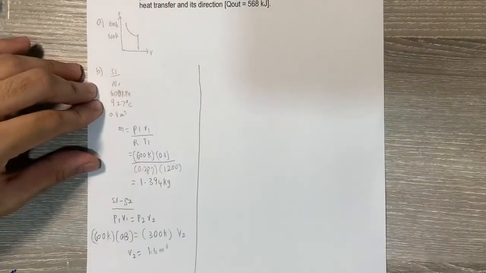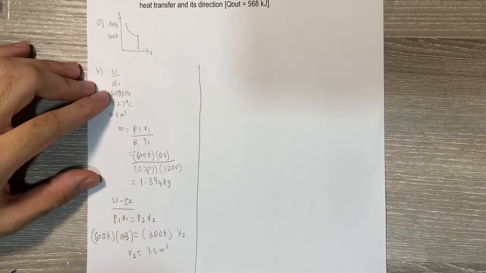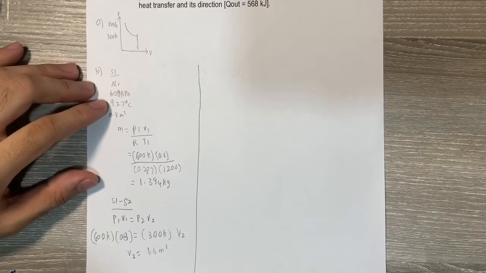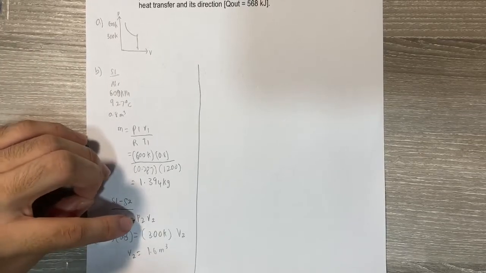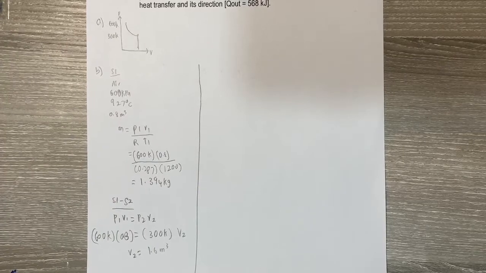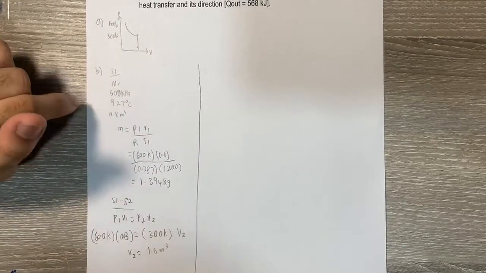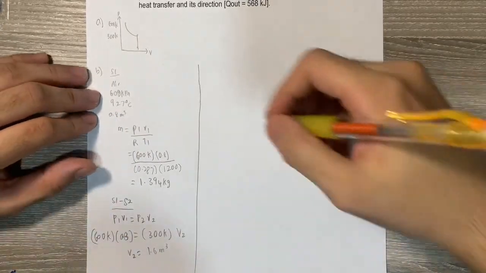Alright, we already have the mass, the pressure 1 and volume 1, and pressure 2 and volume 2. So we can use the isothermal process equation to find the boundary work for the process.